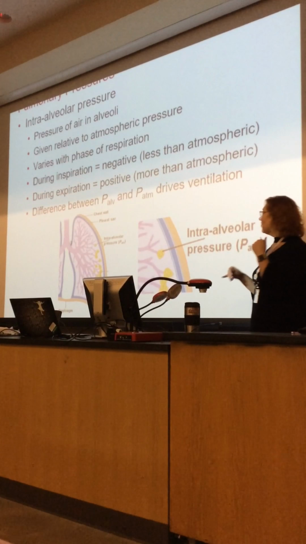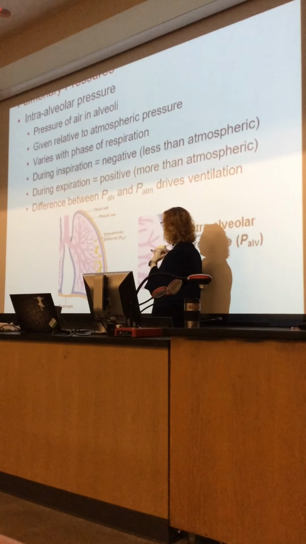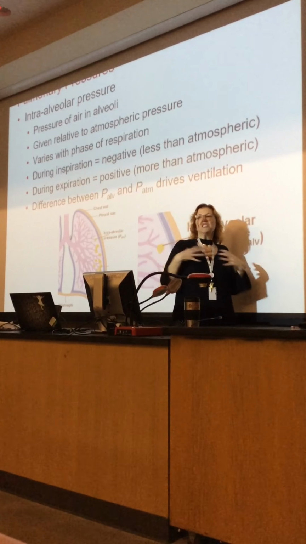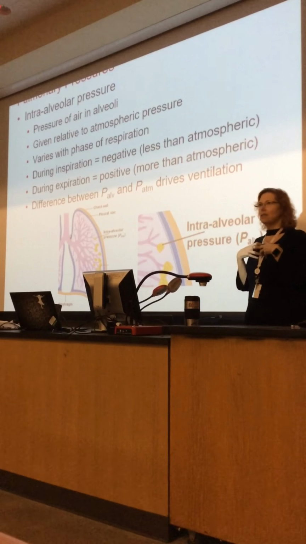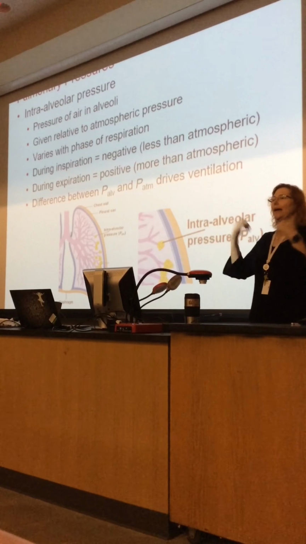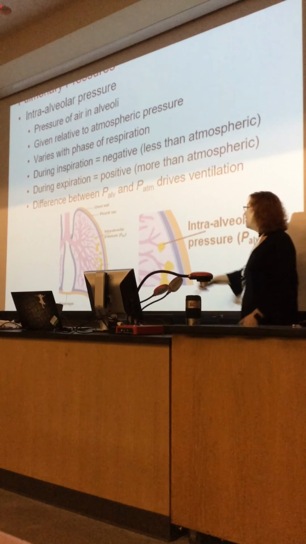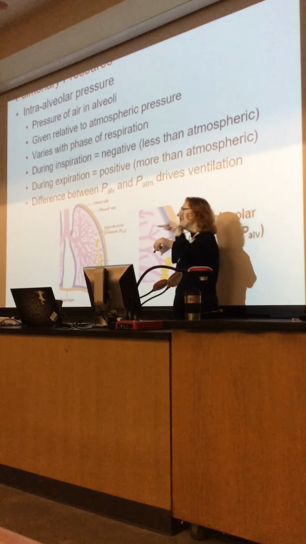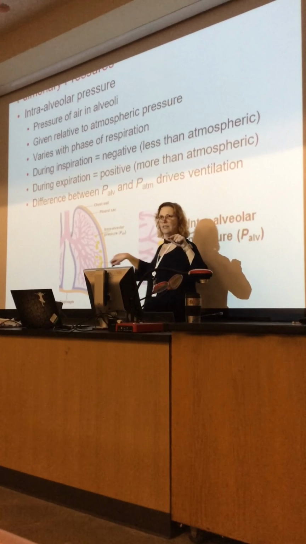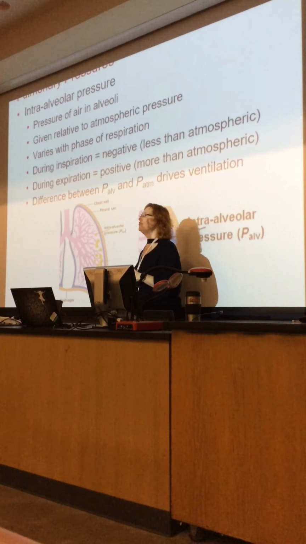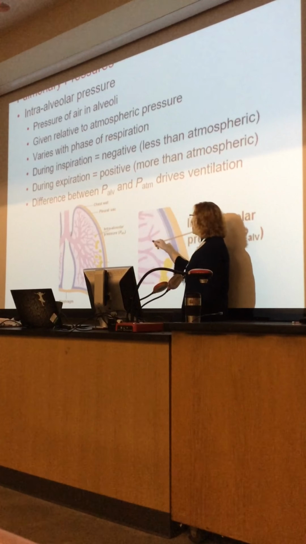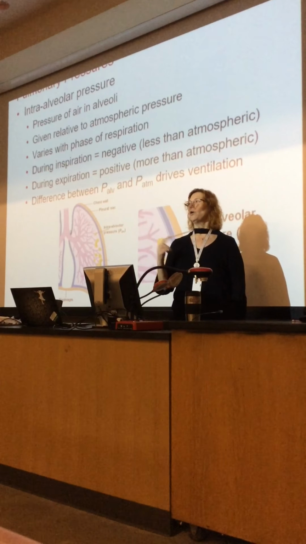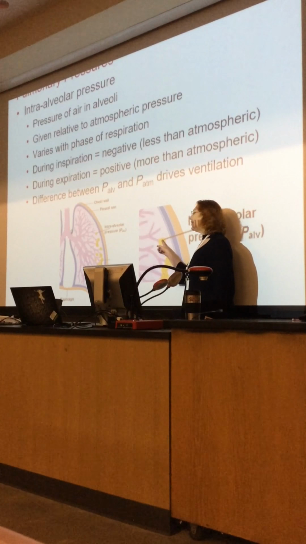Okay, what that intra-alveolar pressure is relative to atmosphere depends on what's going on with the lungs. If I want to inhale air, the pressure in the alveolus has to be less than atmospheric pressure, so that air will move from the atmosphere in, which means the pressure during inhalation or inspiration inside here is going to be what?